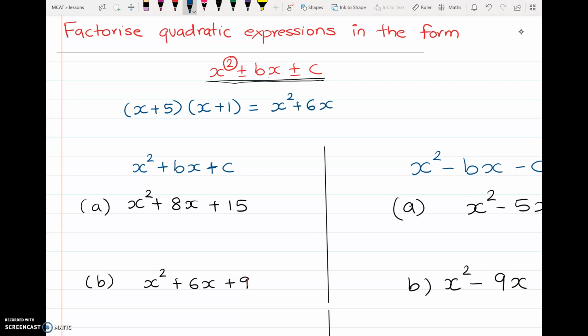When I expand x plus 5 bracket x plus 1, I get the answer x squared plus 6x plus 5. So this tells us that if we expand double brackets, we get a quadratic expression. Which means in this case we are given a quadratic expression and we have to go backwards. That means we have to put them in brackets. So we are going to get double brackets in this case.